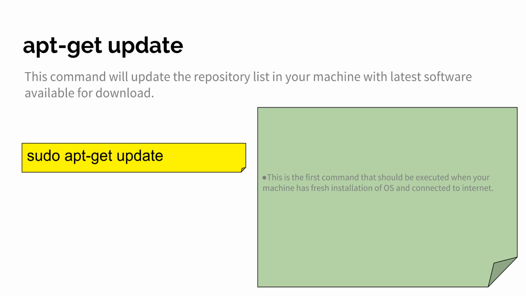It gets the list of applications in the Ubuntu repository and stores it offline. I mean the list, not the apps as such. It also updates a few components of apt itself. So make sure you run this as the first command once you install.